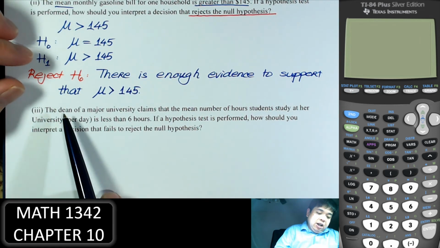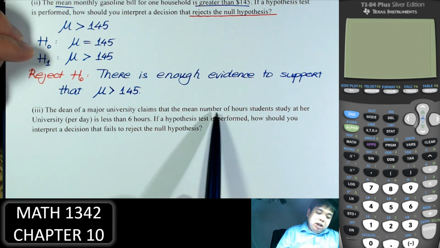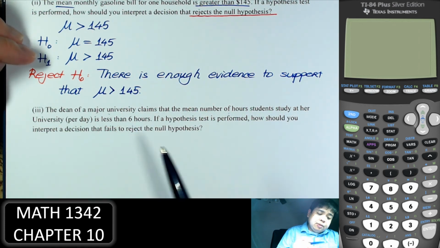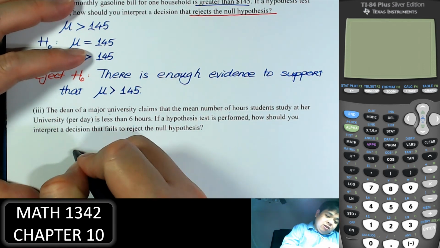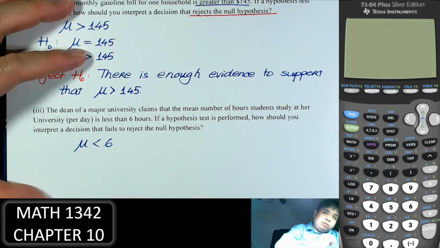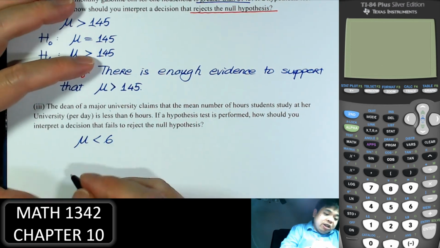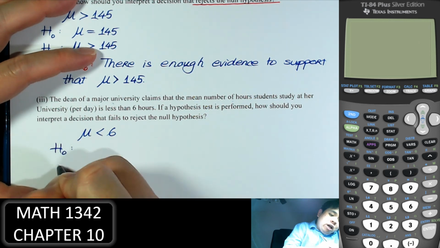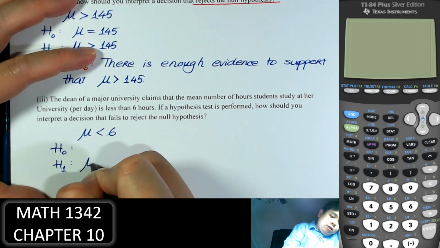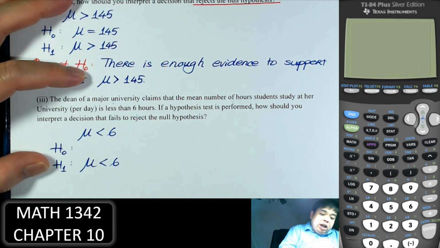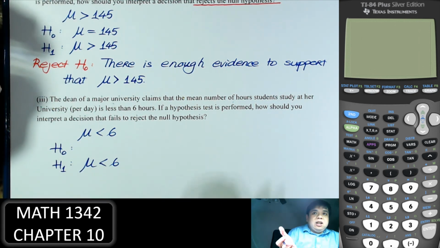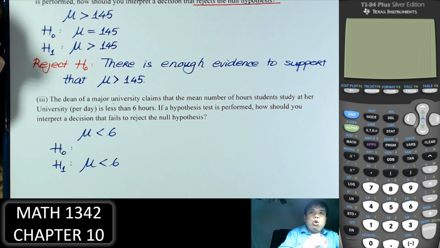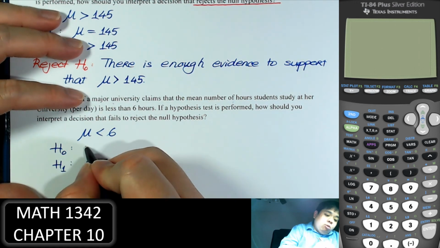Right, next, the dean of a major university claimed that the mean number of hours students study is less than 6 hours. This one doesn't have the equal sign, so it has to be H1. Right? If it had the equal sign, we have to write the complement, and that complement will be H1.